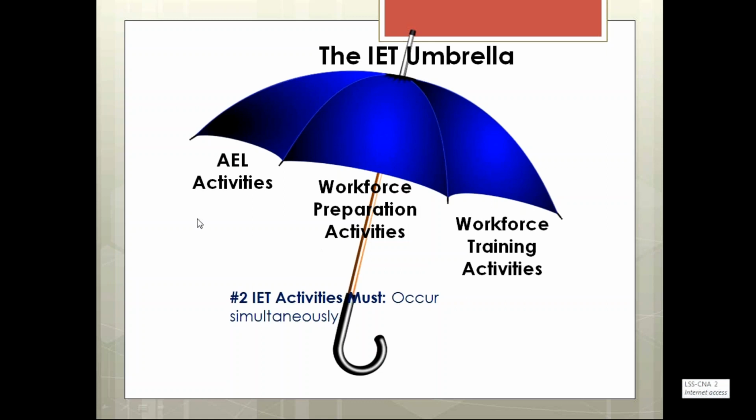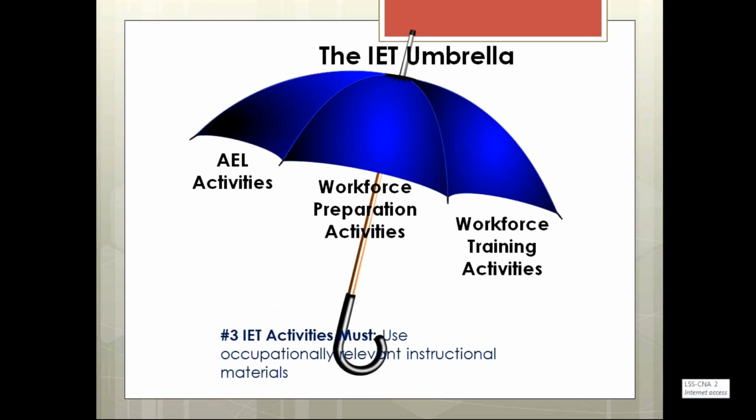We also implement a model in our program where all of these 3 are happening at the same time in one class. So I will show you what that looks like later. And number 3, these IET activities must use occupationally relevant instructional materials. That, of course, is the point of contextualized instruction when it comes to preparing students for work in the IET model.